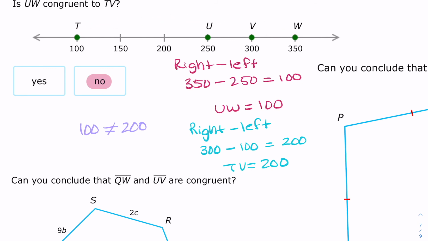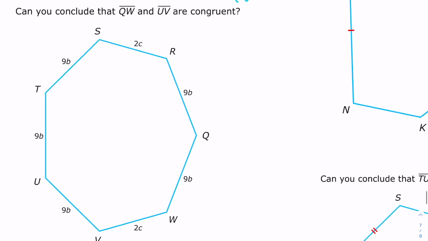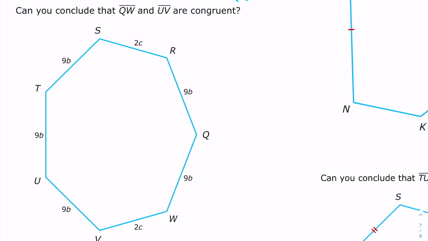That's all. Okay. Can you conclude that QW and UV are congruent? Well, sometimes we use variables. So let's see, QW is equal to 9B and UV is equal to 9B. Because 9B equals 9B, we can say QW does equal UV. So QW, line segment, is congruent to line segment UV.